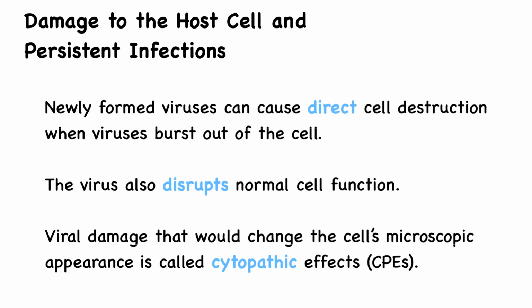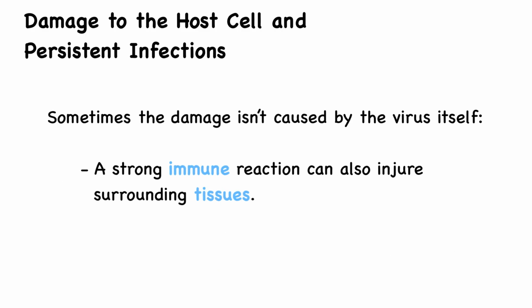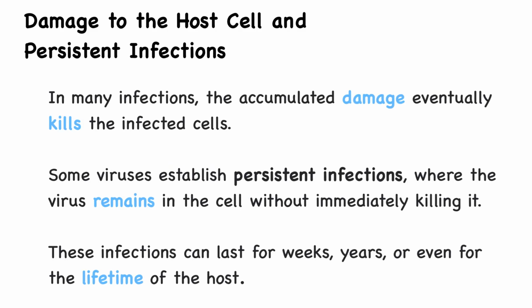This damage caused by the virus that would change the cell's microscopic appearance is referred to as cytopathic effects. Sometimes the damage isn't caused by the virus itself, but by the body's immune response. A strong immune reaction meant to eliminate infected cells can also injure surrounding tissues. In many infections, the accumulated damage eventually kills the infected cells.